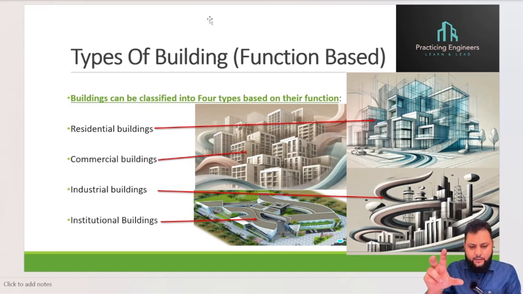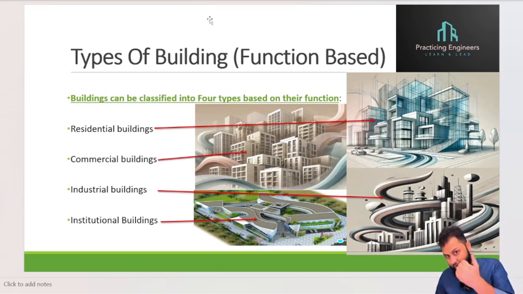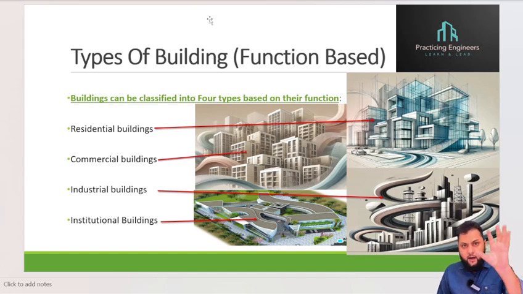Those buildings are called industrial buildings, like a cement factory, a steel factory, or a storage or retail warehouse. These are all industrial buildings. Institutional buildings are schools and hospitals, mostly constructed by an organization, government or private, or a group of members. These buildings are called institutional buildings.